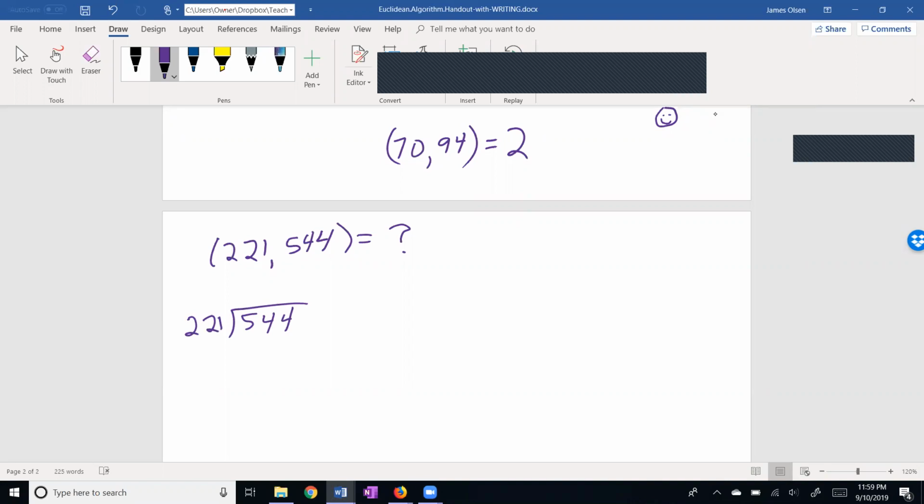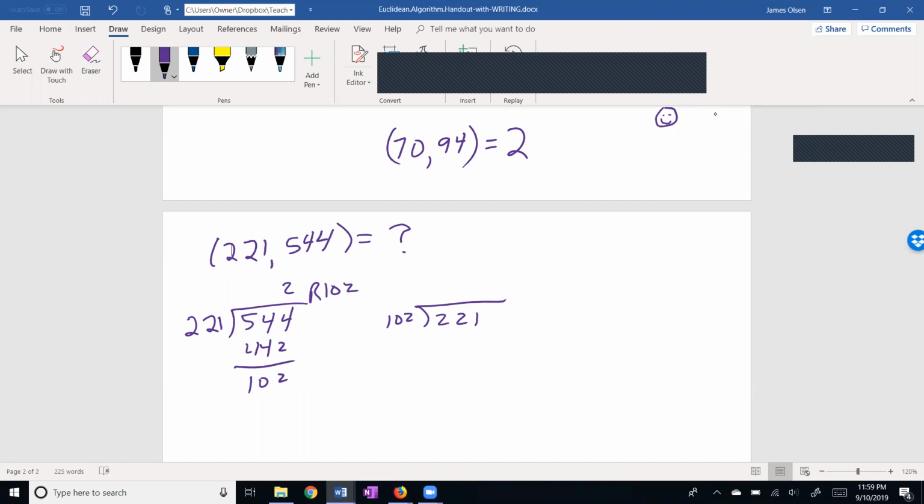It looks like it goes in twice, getting a remainder of 102. 102 becomes my new divisor. 221 is my new, I believe that's called the dividend.